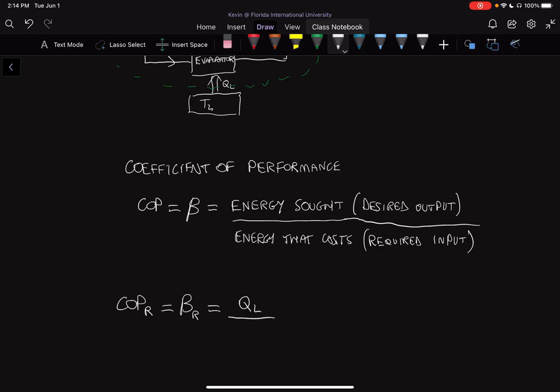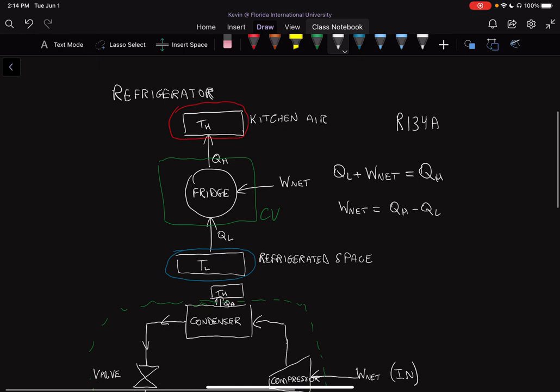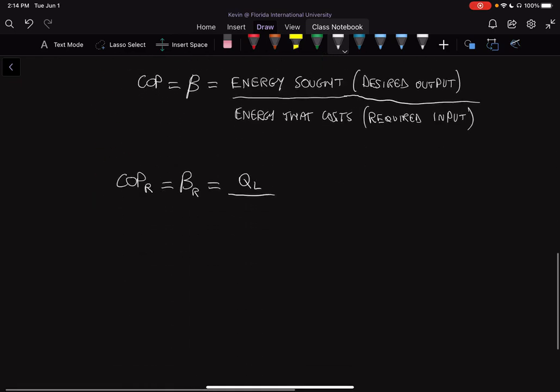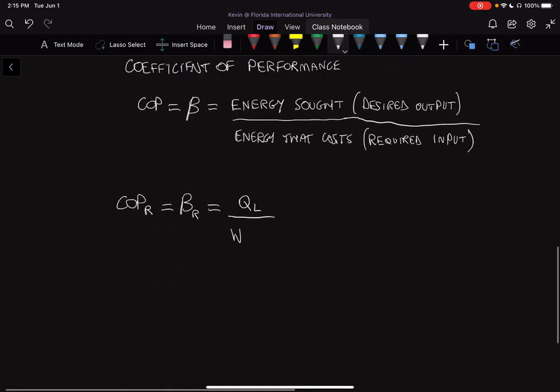And we're going to divide it by the energy that costs. So in a refrigerator system, the energy that costs is essentially the energy in, and the energy in is the work net. So the work net is the energy used to keep essentially our QL high and our TL at a low value.